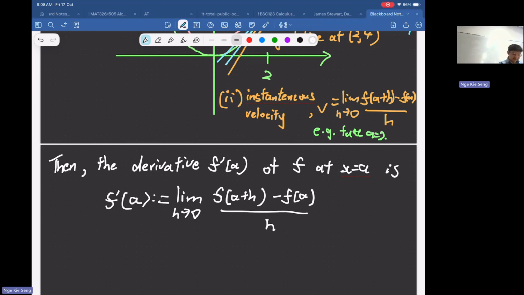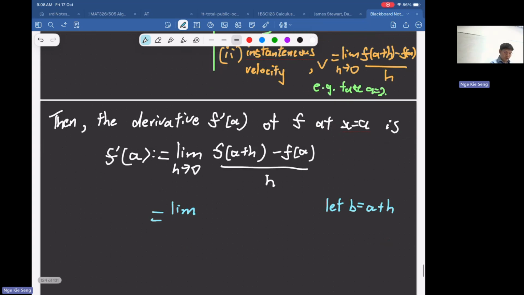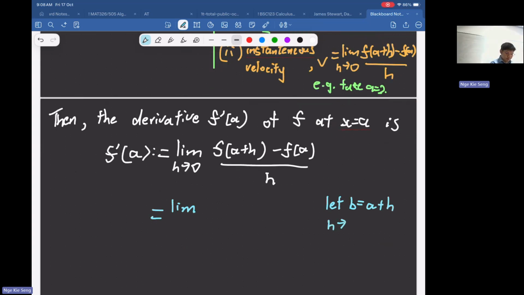Note that we actually can rewrite this limit here. We can replace a plus h by, let's say, b. So let b equal a plus h. If h goes to 0, that means b will go to a. Make sense?